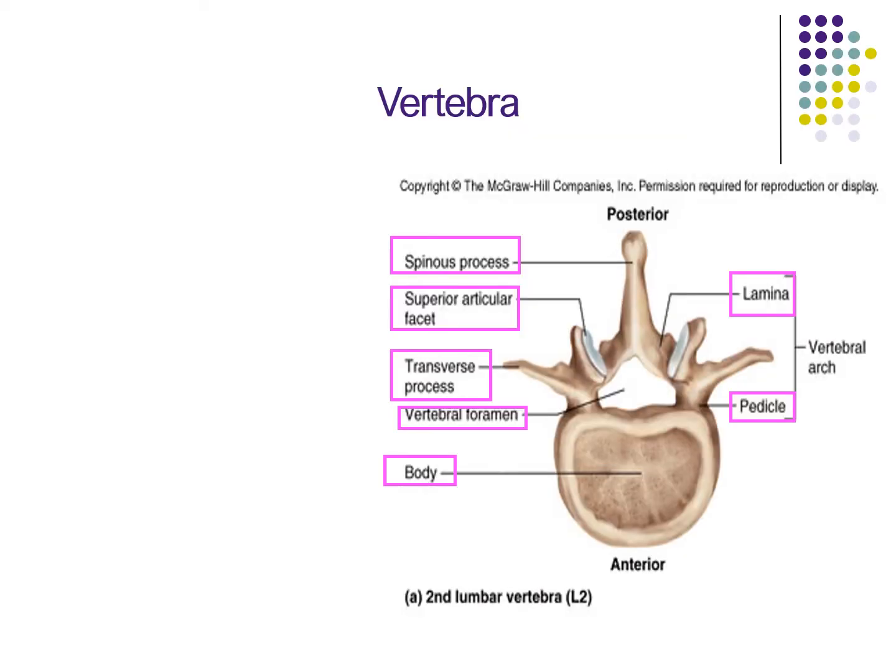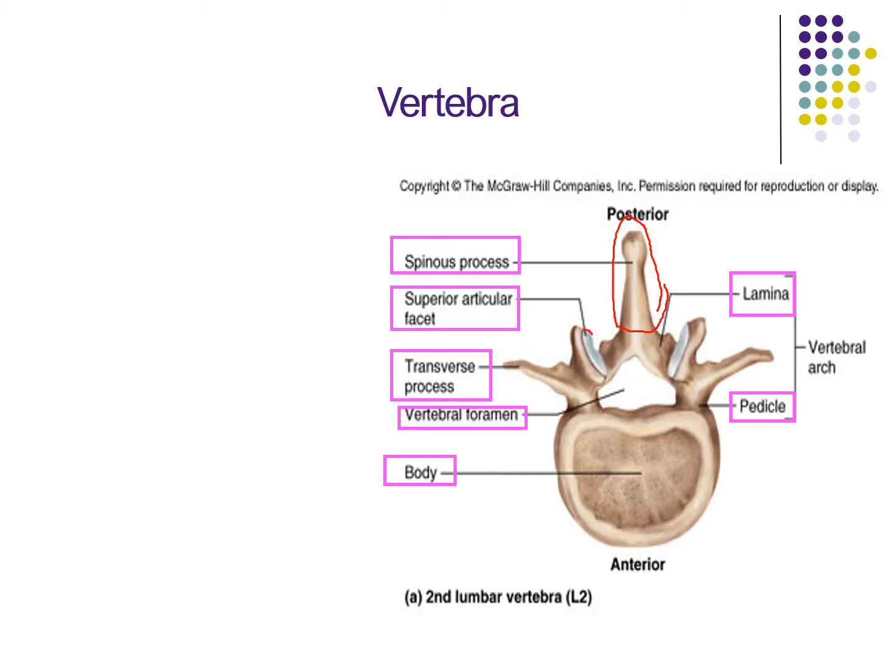So, for an actual vertebra itself, being able to label it and know what it is is kind of important. So we have this beautiful little protrusion, the spinous process.